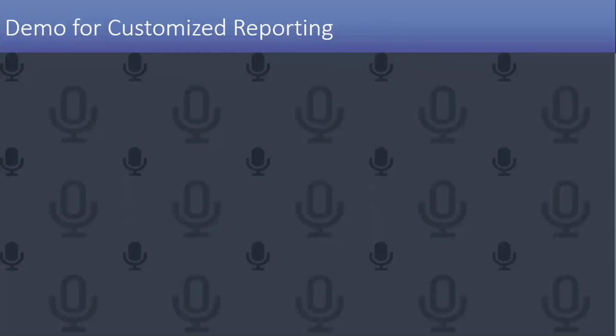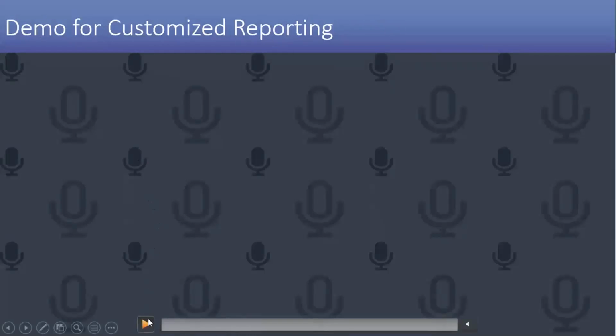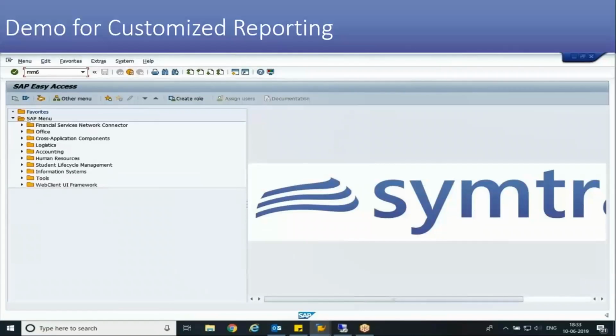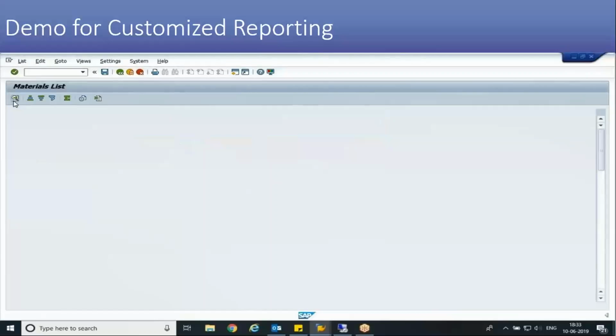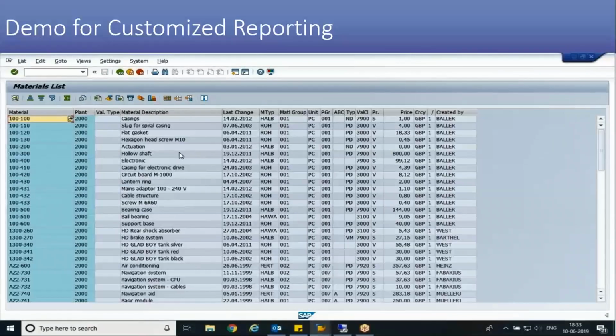Moving further, now let's discuss customized reporting. You can see this is a transaction MM60, and this is plant code 2000. Now, this is a standard report.